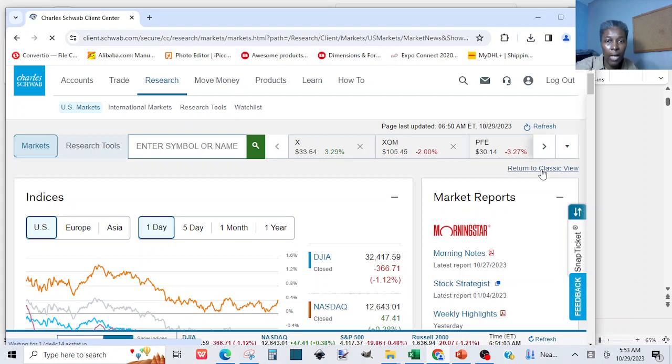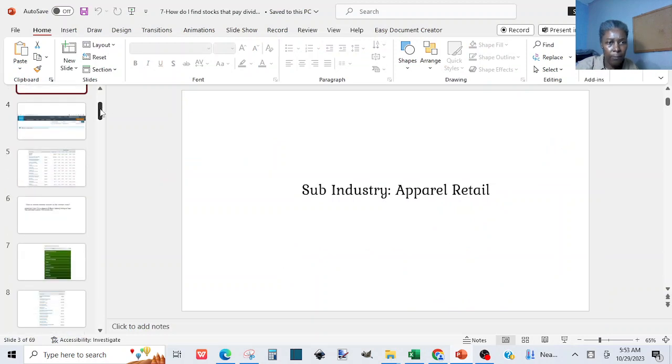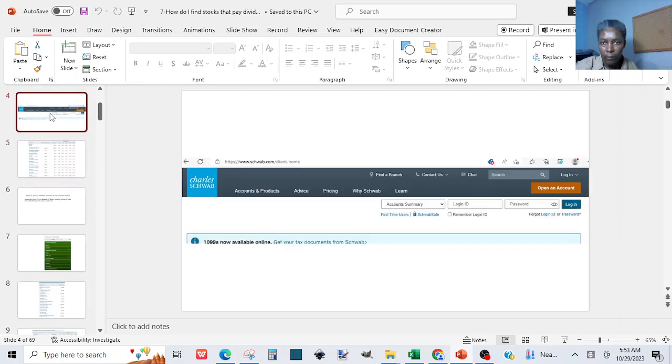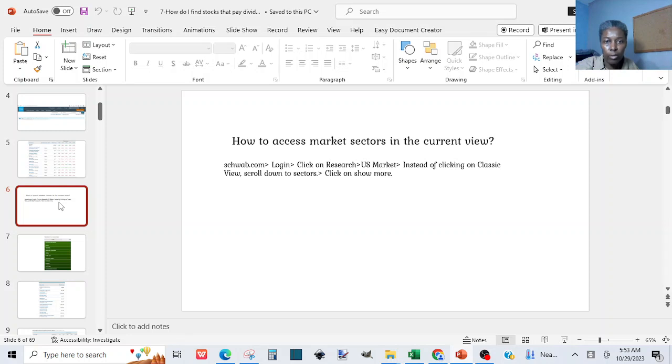If you do not have that option, you will scroll down. And I believe I have the option here. From that main page, instead of clicking on return to classic view, you'll just scroll down and you'll be able to find the sectors there.